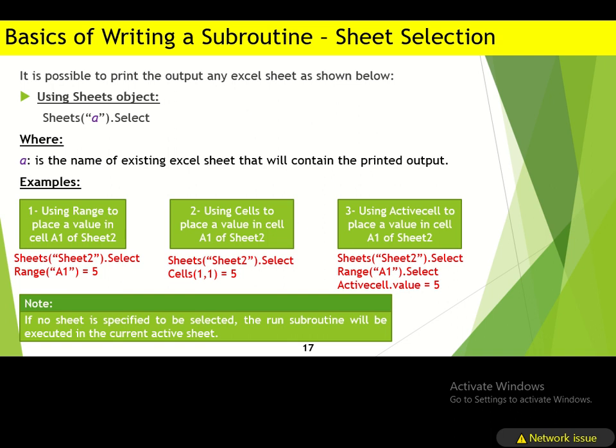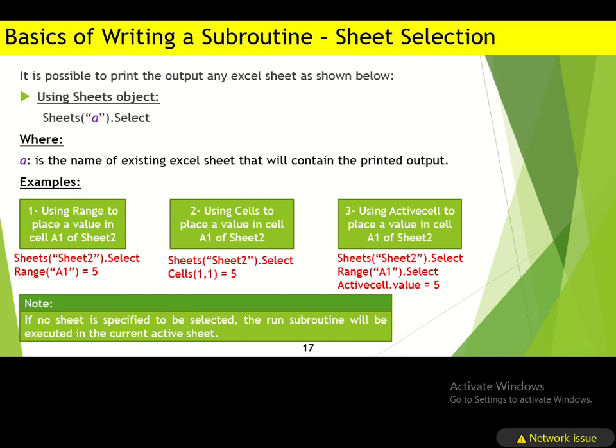The name of the sheet. A is the name of the sheet, the one which you see at the bottom. Like I said, you can change it. Right now what is it showing? What is the name of your sheet? Sheet 1. So A will be sheet 1. Clear? After sheet 1, use any command which you want.